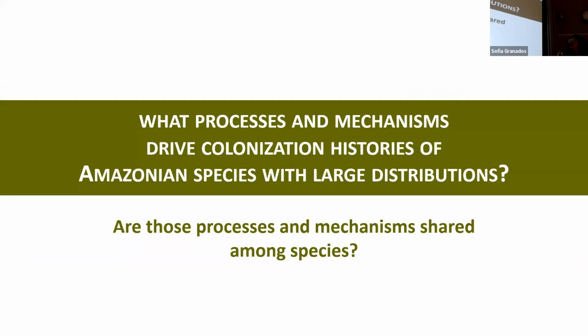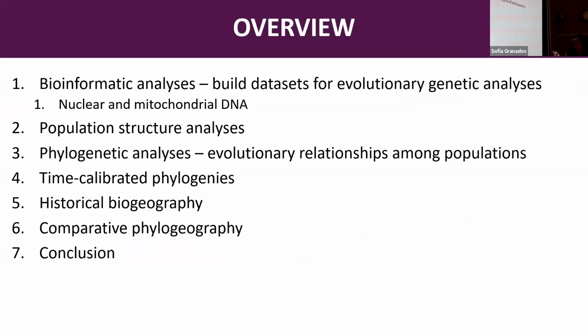So in order to answer my questions, I'm going to give you a brief overview of what I'm going to be talking about now. I'm going to talk about my bioinformatic analysis, the population structure analysis that I performed, phylogenetics, time-calibrated phylogenies, historical phylogeography, comparative phylogeography, and then finally my conclusions.